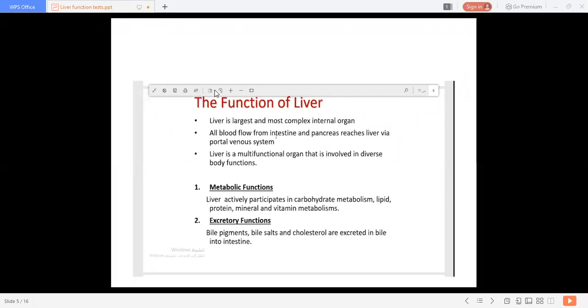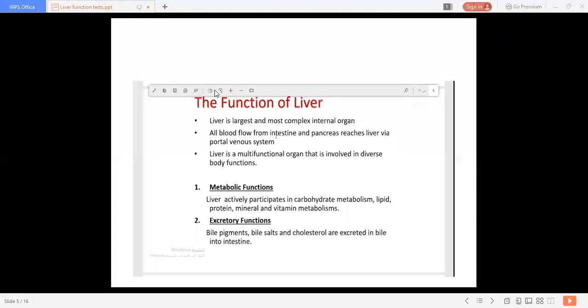Okay, so which diseases can we diagnose from these levels of bilirubin? Which diseases of the liver can we diagnose by judging the levels of direct, indirect, and total bilirubin?